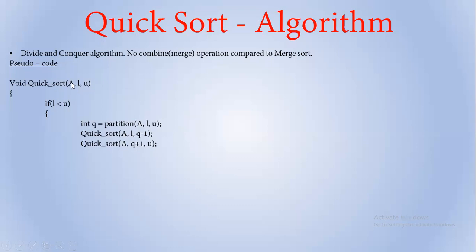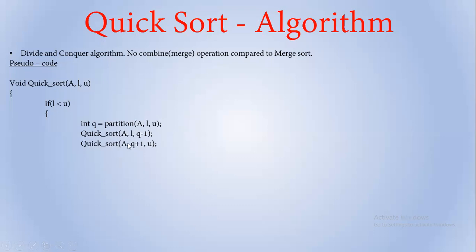So there is an input array running from L to U, for example, 0 to 4. Assume that the partition function returns the integer 2. Let Q be equal to 2. Then the first quicksort will be for array A from 0 to 2 minus 1, which is 1, so from 0 to 1.